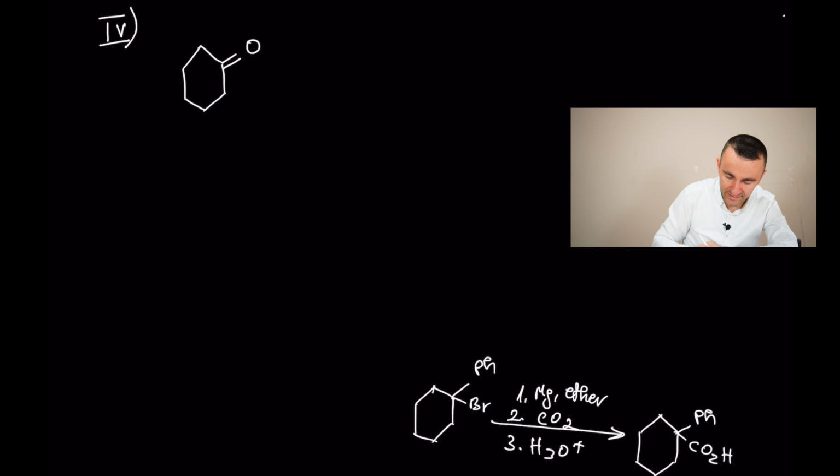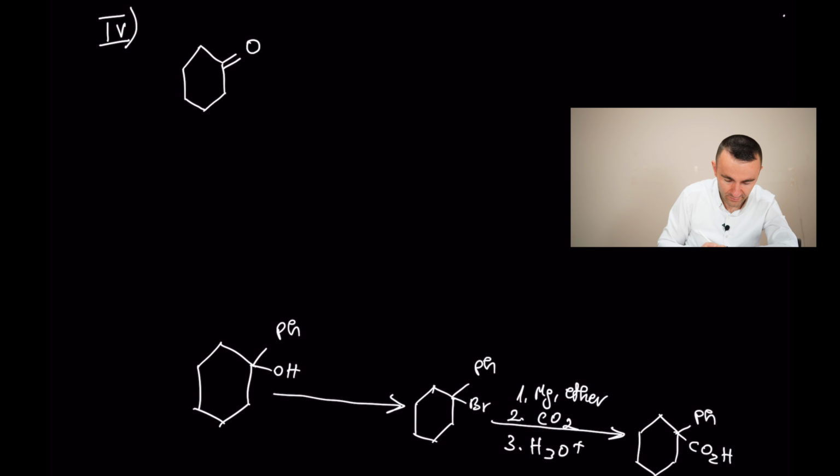Let's move back. Now we want to go to that ketone. So what has happened here? You know that when ketones react with Grignard reagent, they yield tertiary alcohols. So we need to yield this tertiary alcohol.